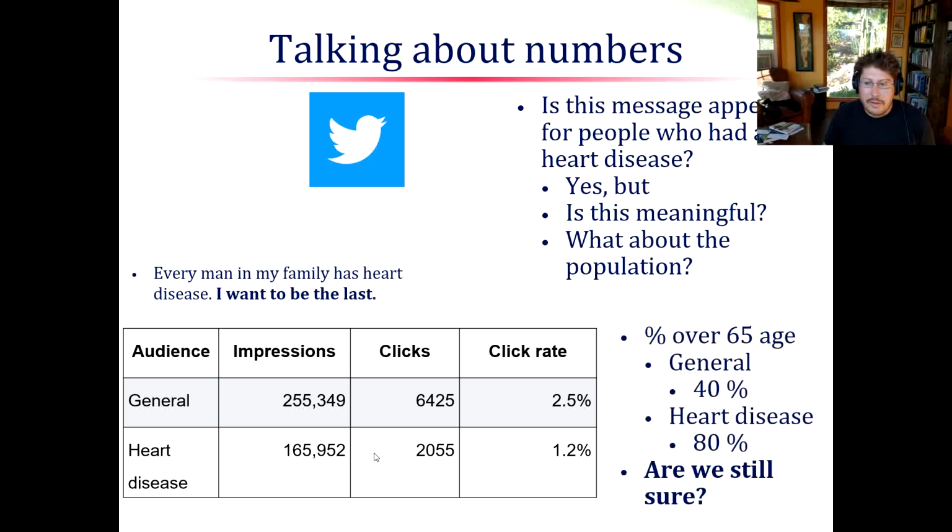So for example, you could imagine all sorts of confounding things in here, where if most people over 65 have heart disease, but most people over 65 never click on ads, then you could end up in a situation where this is actually a really good campaign, even though the click rate of those with heart disease is lower. So really getting in and reasoning about these in careful ways and establishing causality is really tricky.